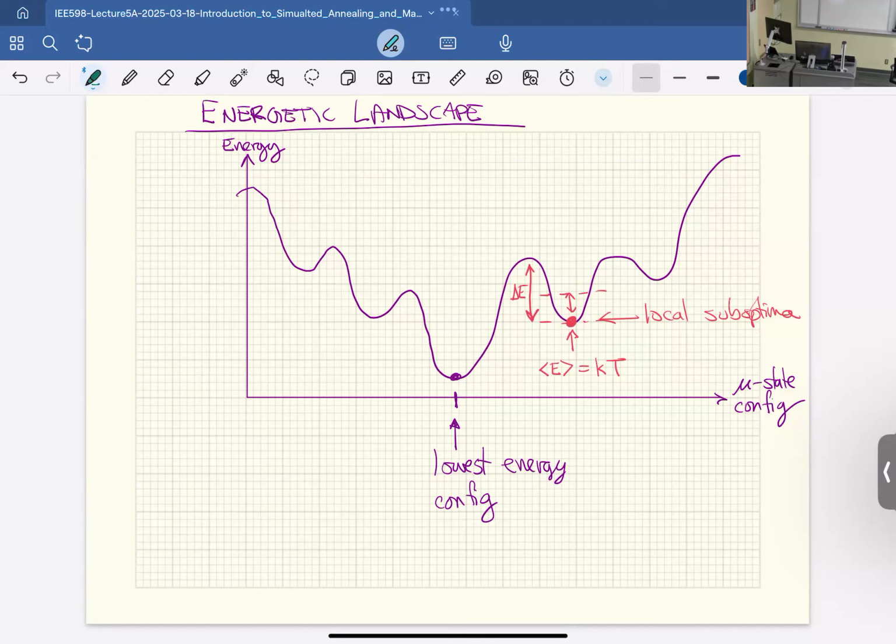So this up here, I could draw, this is some intermediate microstate that is spontaneously visited. And so that is going to be less common if your average energy is less than that barrier.